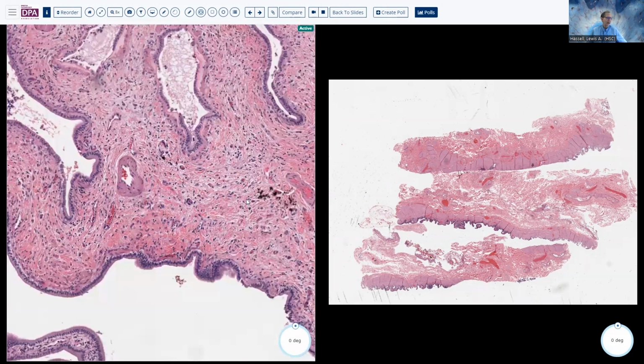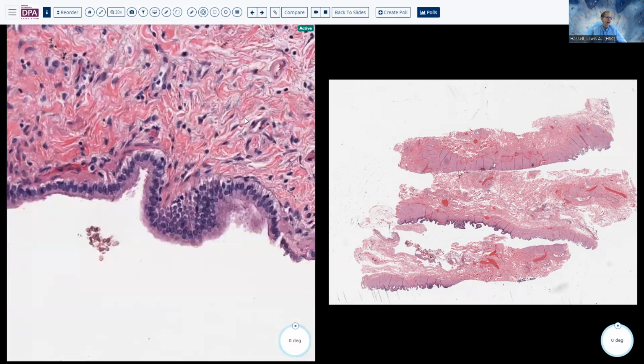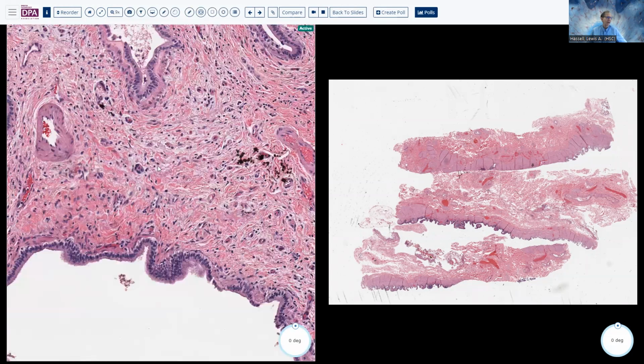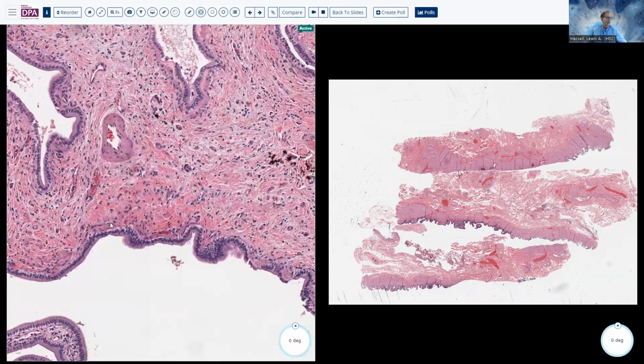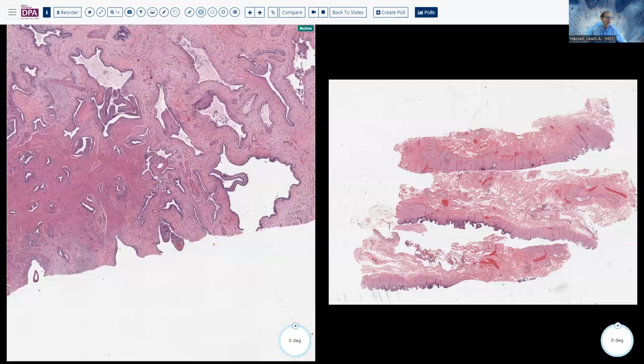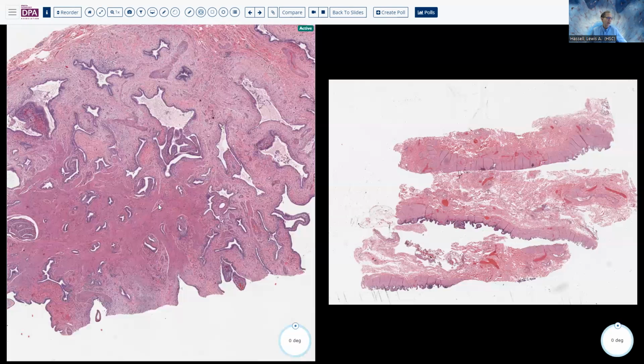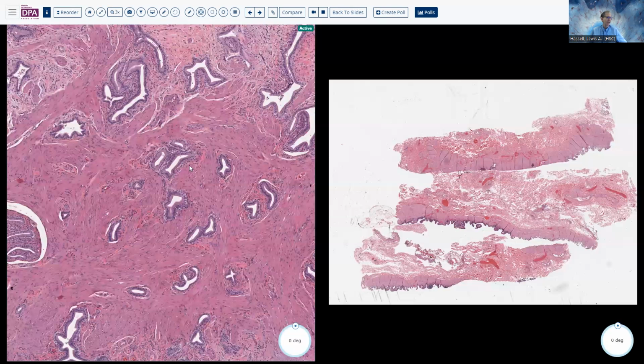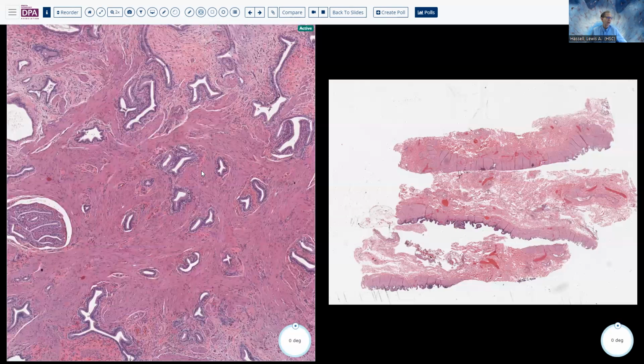Notice here that the epithelium is still very bland. There may be some pigment or hemosiderin deposition, or maybe some stone pigment that could be present, some biliary pigments that can be associated with that. And here you see this intermingling of muscle tissue that says adenomyosis.